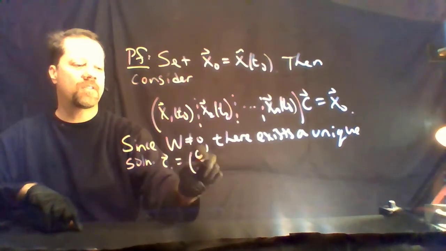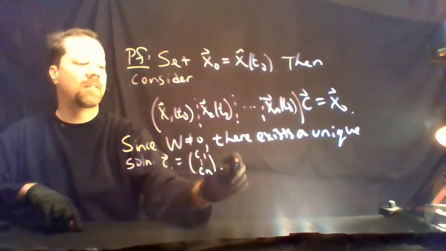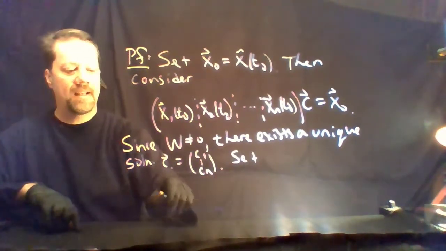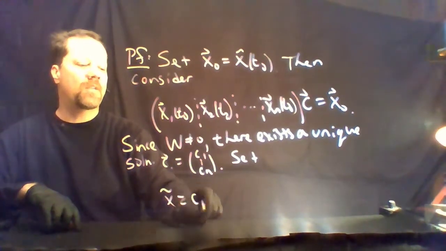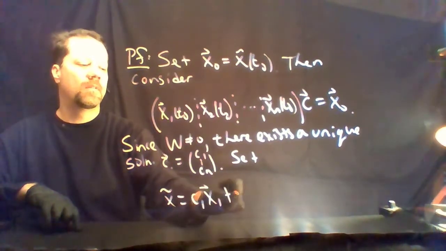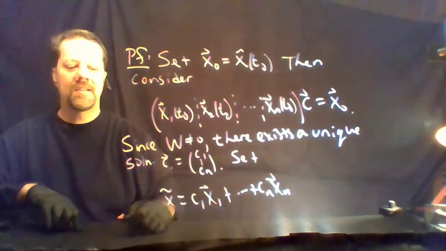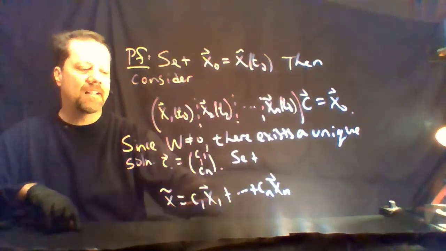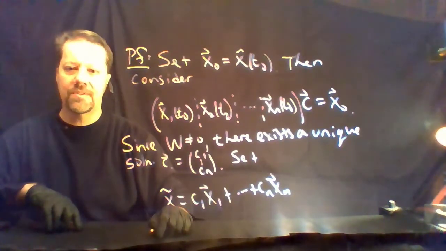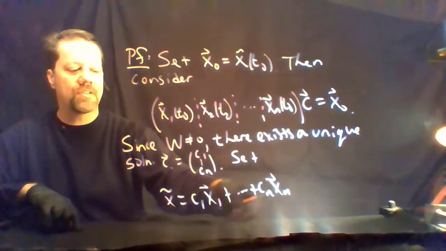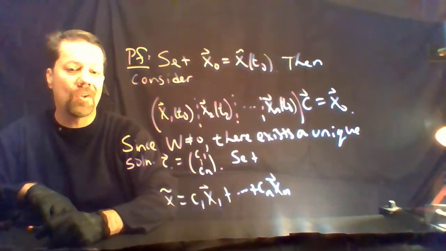This vector is c1 through cn. We're going to set x tilde to be c1 x1 through cn xn. So this x tilde is a linear combination of these solutions. And since it's a linear combination of solutions, x tilde is also a solution.